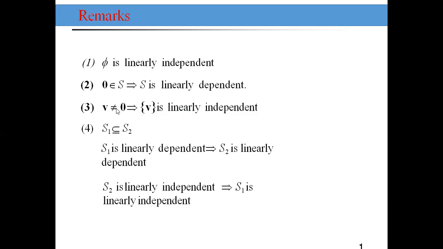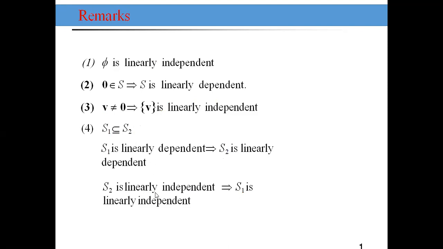That means a single non-zero vector always forms a linearly independent set. If S1 is a subset of or equal to S2, and S1 is linearly dependent, the superset S2 is also linearly dependent. If S2 is linearly independent, the subset S1 is also linearly independent.